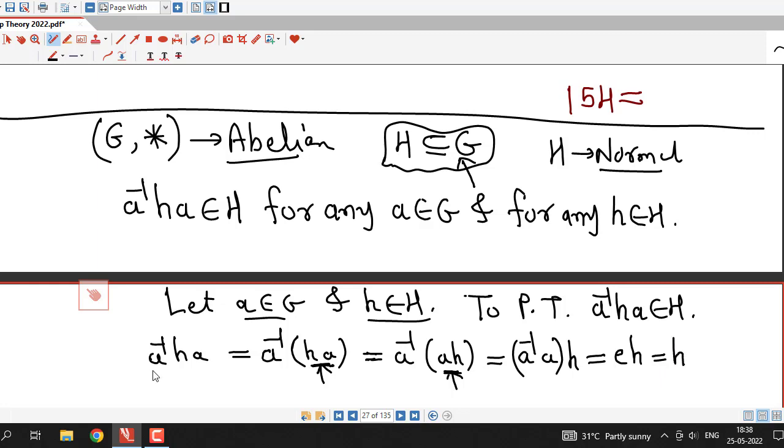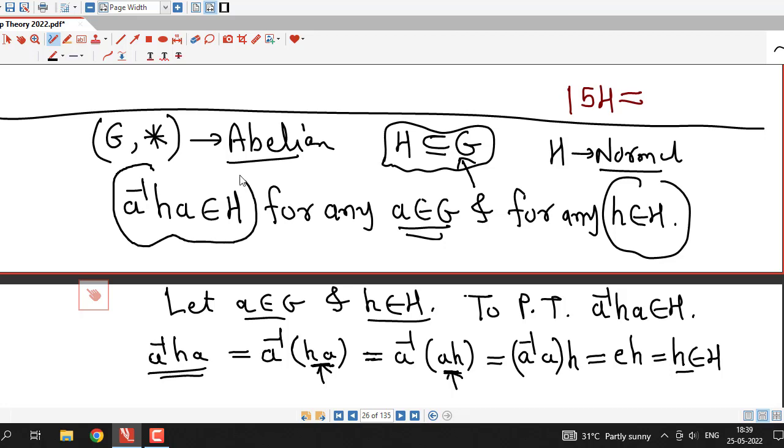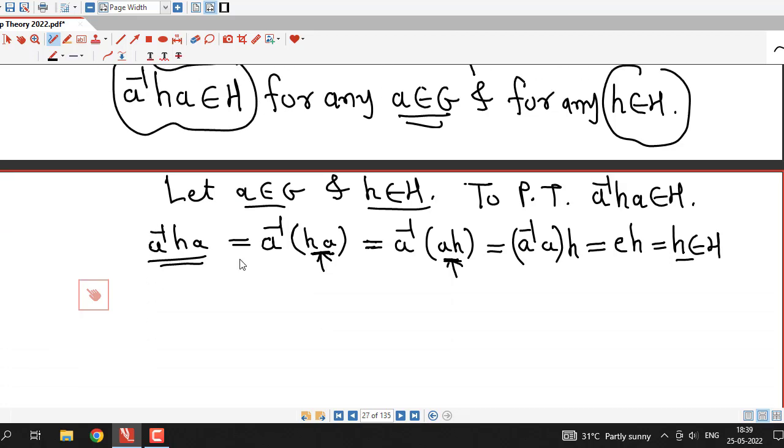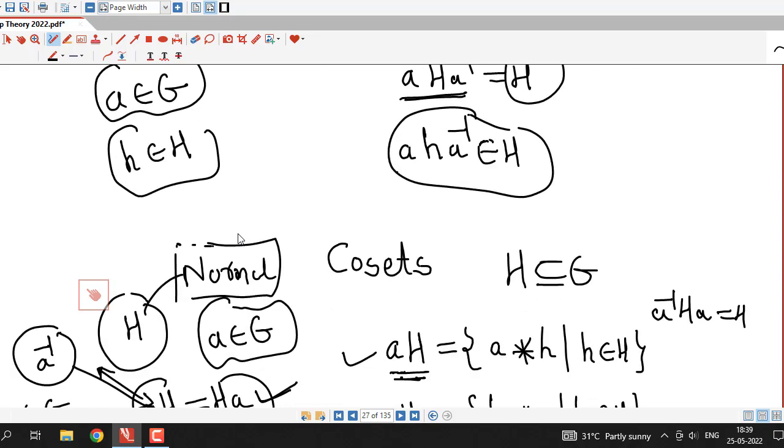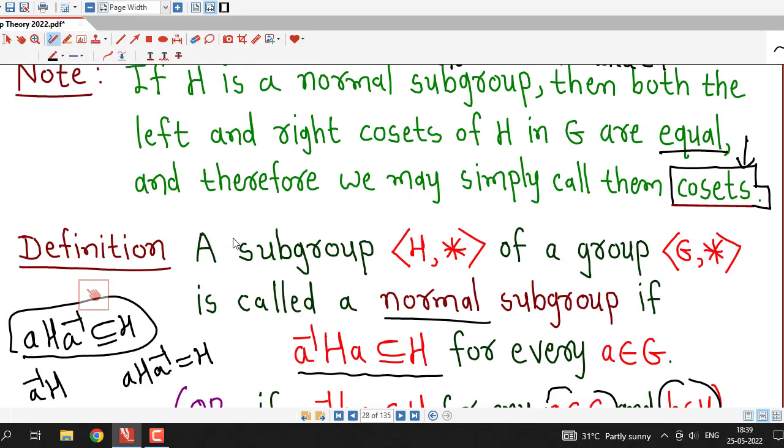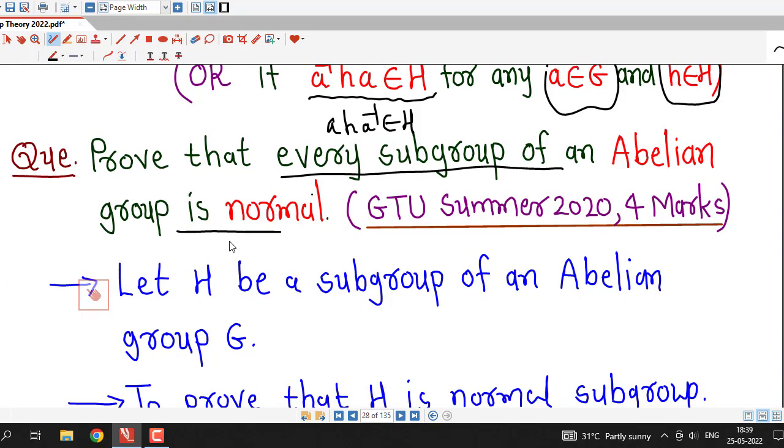So we have shown that A inverse h A equal to h, and h is an element of capital H. Therefore, we have proved that for any element A in G and for any element h in capital H, this type of elements are in capital H. Therefore, H is a normal subgroup. So you can easily prove that every subgroup of an abelian group is normal.